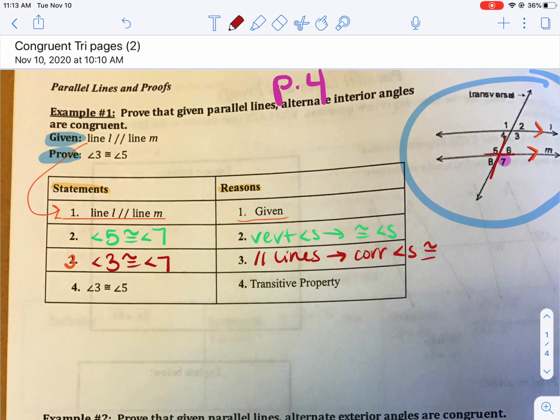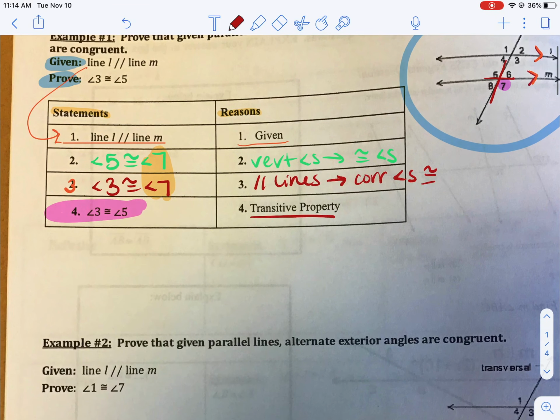Okay, so how are we going to finally prove this statement? If we look here, does everyone see we have angle 7 and angle 7? Well, yesterday we talked about something called the transitive property, which you can already see I put in. But basically, angle 5 is congruent to angle 7, and angle 7 is congruent to angle 3. So let's say that I told you guys the measure of angle 7 is 120 degrees.